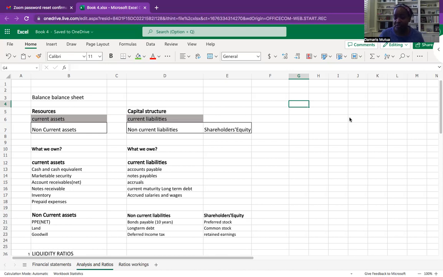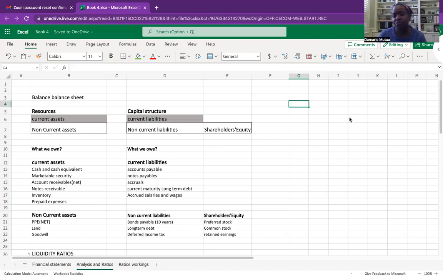We have inventory, the goods that we are holding in our stores to sell. The prepaid expenses. Maybe the lease agreement provides that we pay for rent in advance. That is the combination of the prepaid expenses: expenses that we paid for before we received the service.